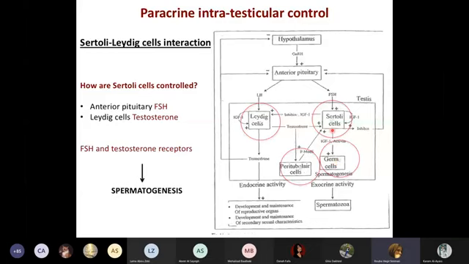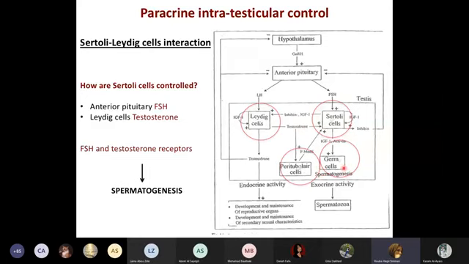Germ cells will not be able to respond to testosterone, so it will be going from Leydig cells to Sertoli cells, and what happens inside the Sertoli cells in response to testosterone will be acting on the germ cells. We will see this in a few minutes.